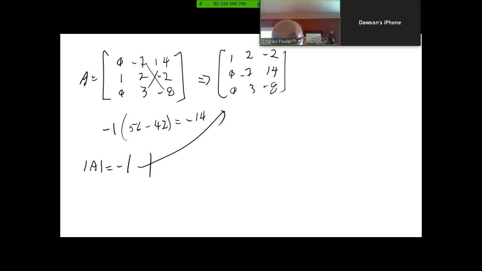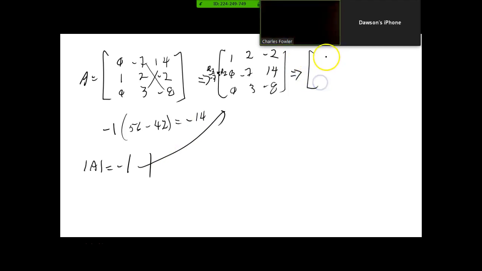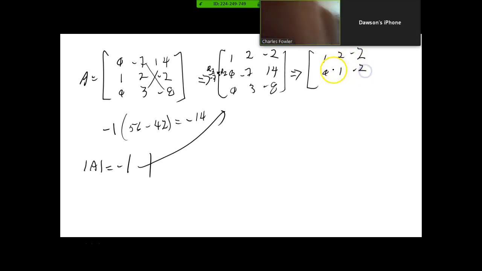Next thing we're going to do is divide row 2 by negative 7. So that would then be 1, 2, negative 2, 0, 1, negative 2, 0, 3, negative 8.